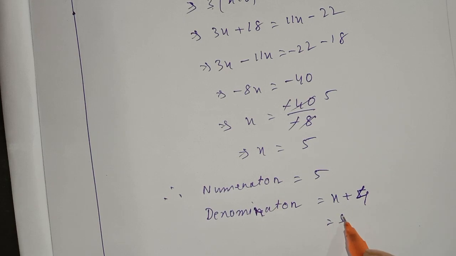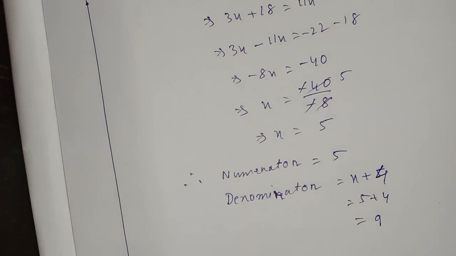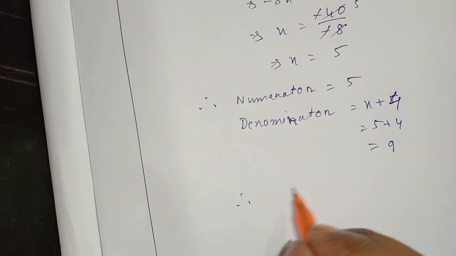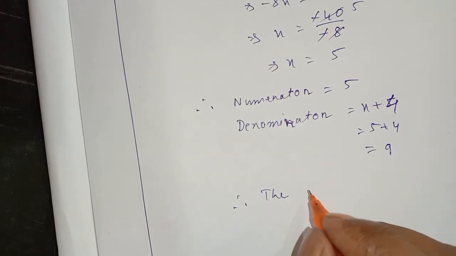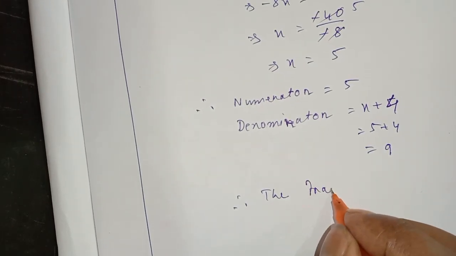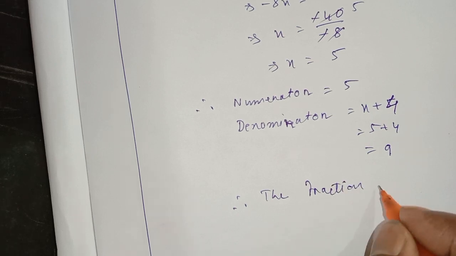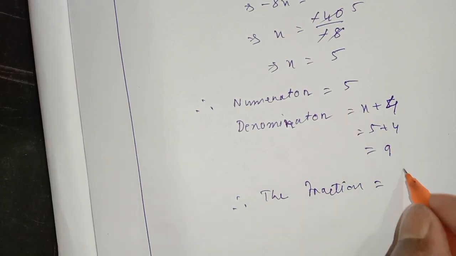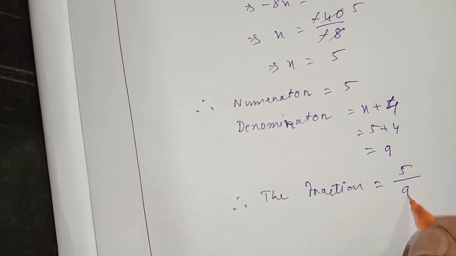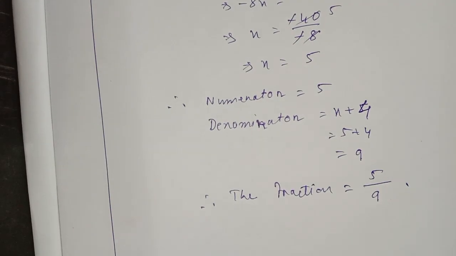We took x plus 4, so here also x plus 4. Then the x value is 5 plus 4, means 9. Okay. Therefore, the fraction equals numerator 5 and denominator 9. This is the answer. Okay.